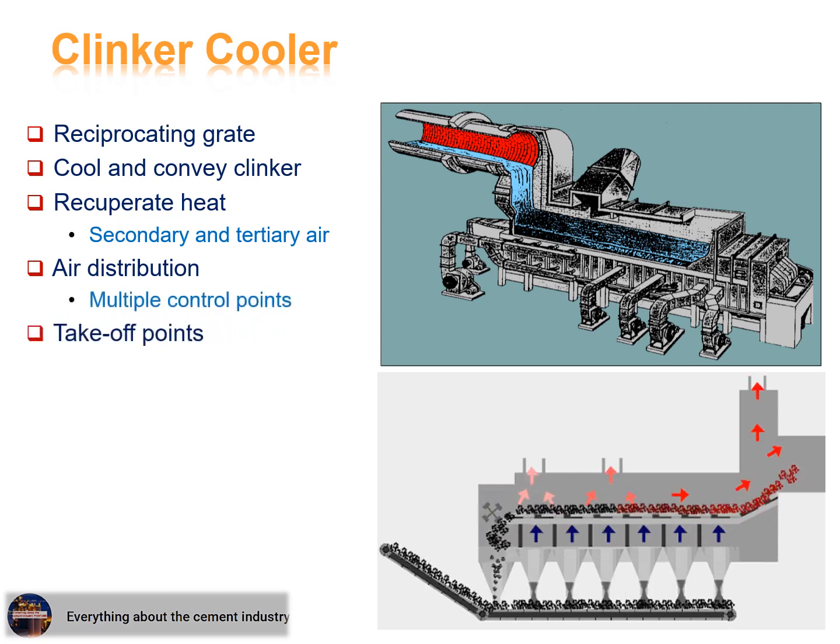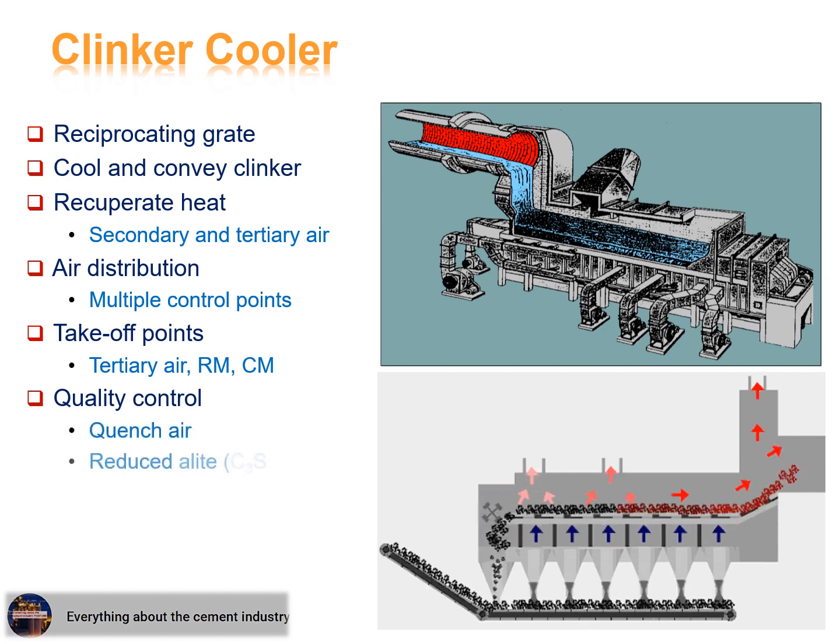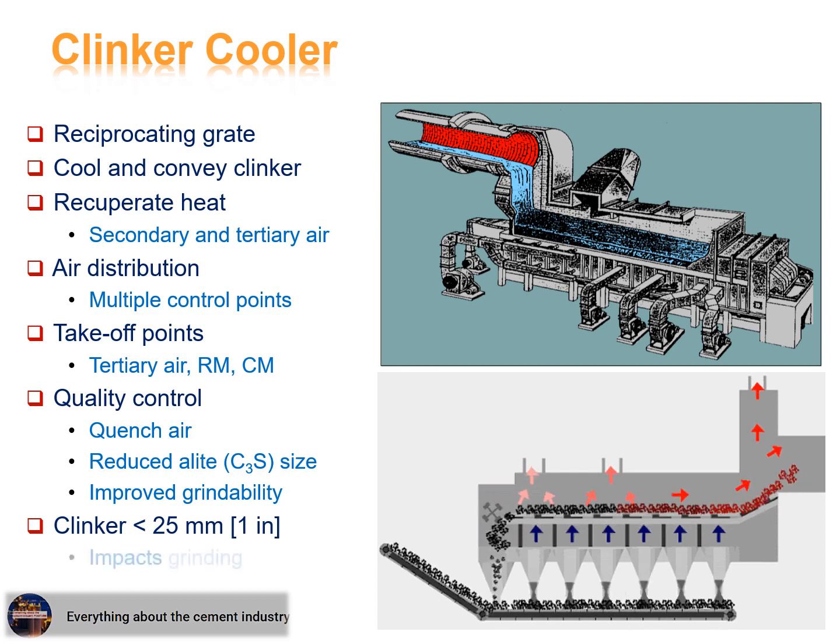Take-off points: tertiary air, raw mill, and cement mill. 6. Quality control: quench air, reduced alite C3S size, improved grindability. 7. Clinker less than 25 mm impacts grinding capacity.